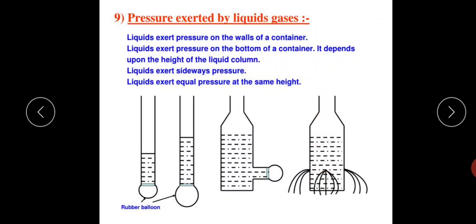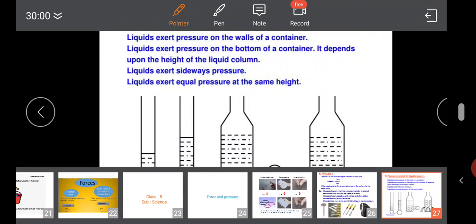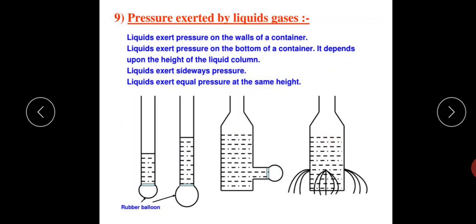So this is a container. Suppose it has 1, 2, 3, 4 and 5 layers, and you make a hole at this end. What happens? The water starts flowing from here, and the flow is slight.